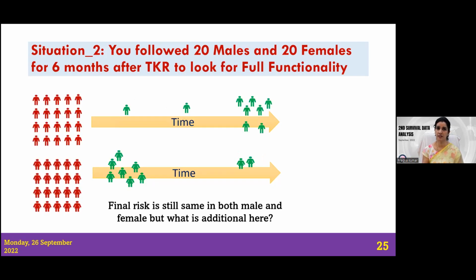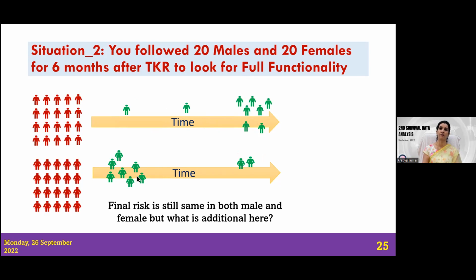And then again, this is the same case where you can see that females recovered early as compared to males. You can count, it is 5 to 7. So 7 males recovered during the later 4 months, towards the end of the study, and females recovered early.